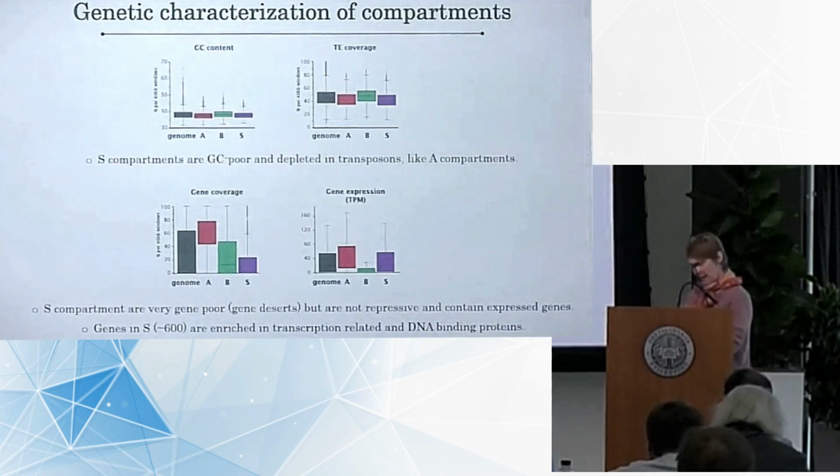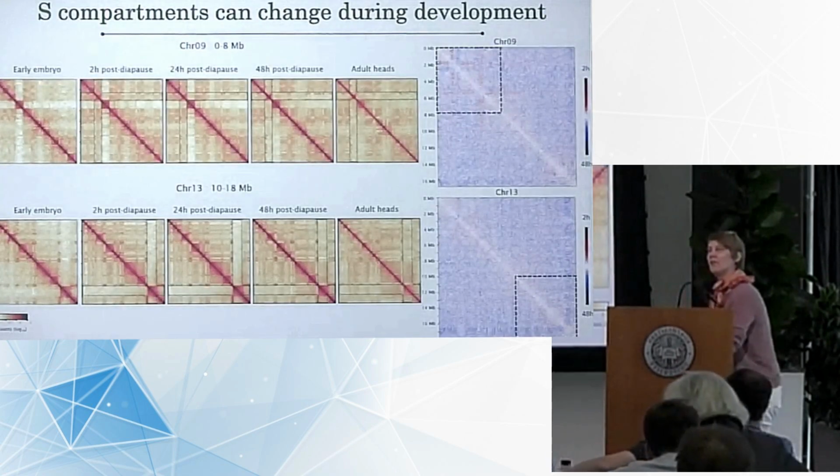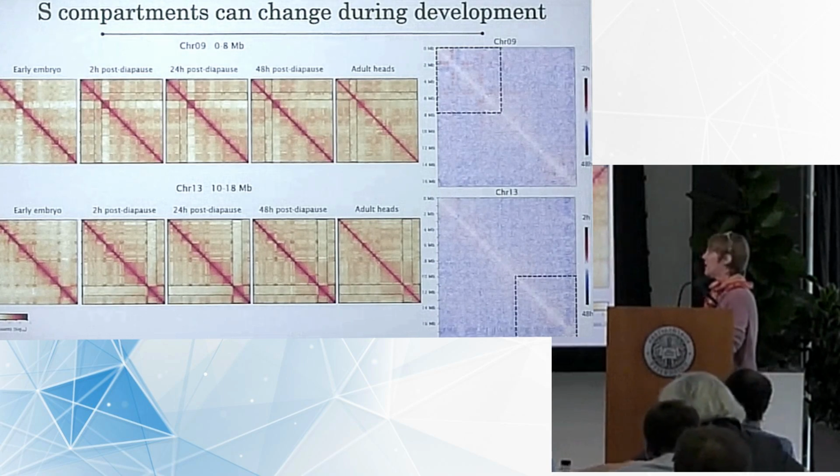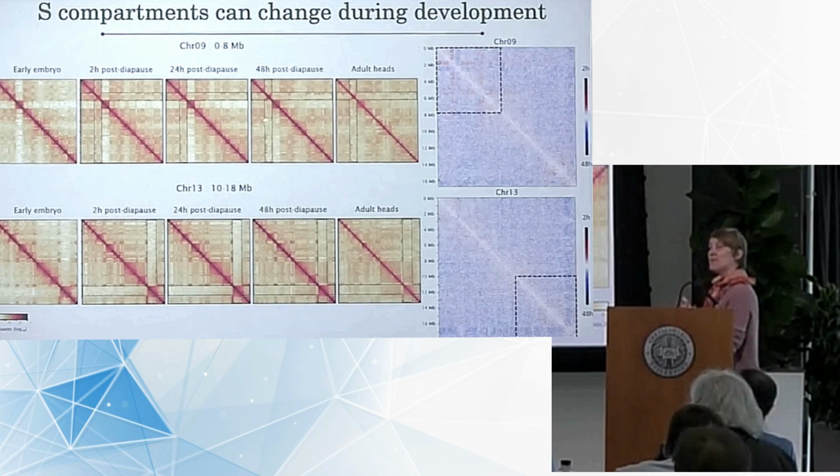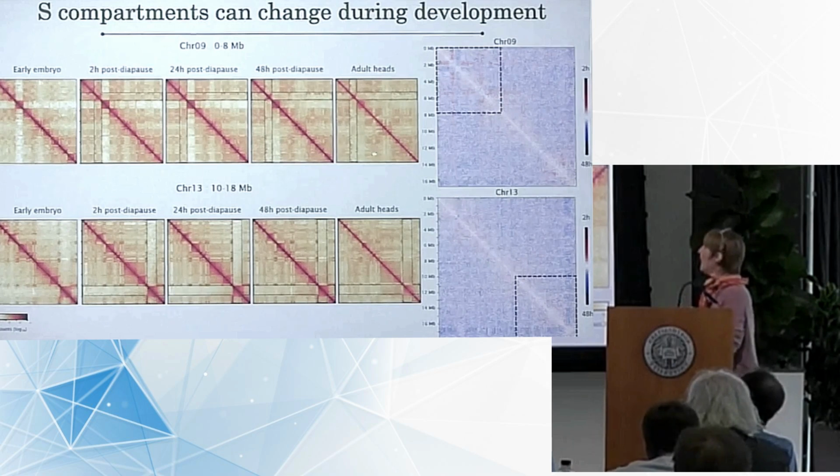To dig into the possibility of biological function in this S compartment, we also took advantage of another property of this S compartment, which is their plasticity. We actually saw that they can change during development.